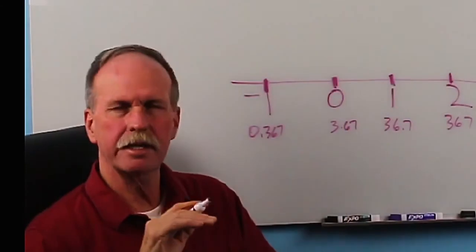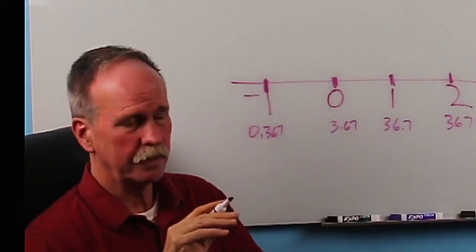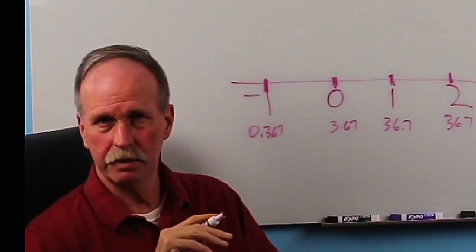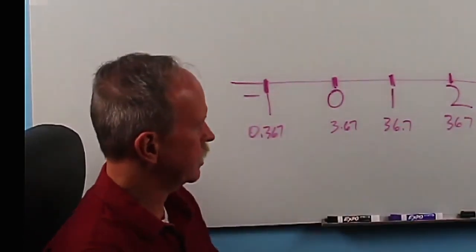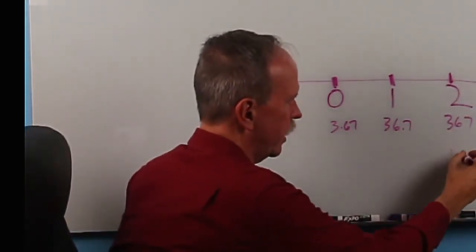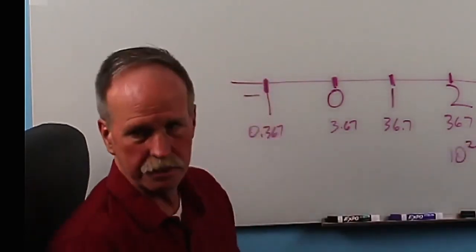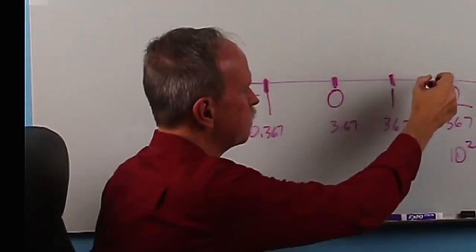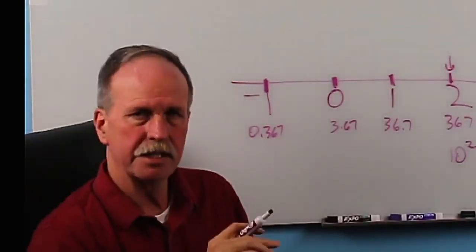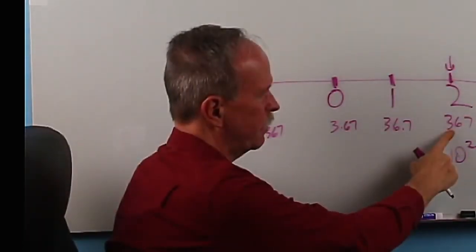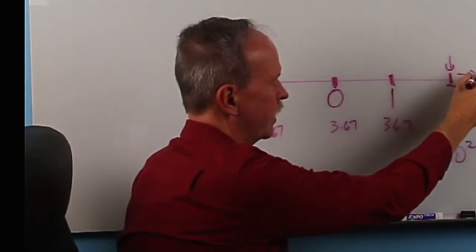Now, the cause of the error is deceptively simple. It has to do with the way the slide rule works. It's a linear scale. So when we look at 367, the first thing that we look at is that's a 10 to the 2. Well, this spot right here would be 1 times 10 to the 2. To get up to 3.67, we have to move that way.